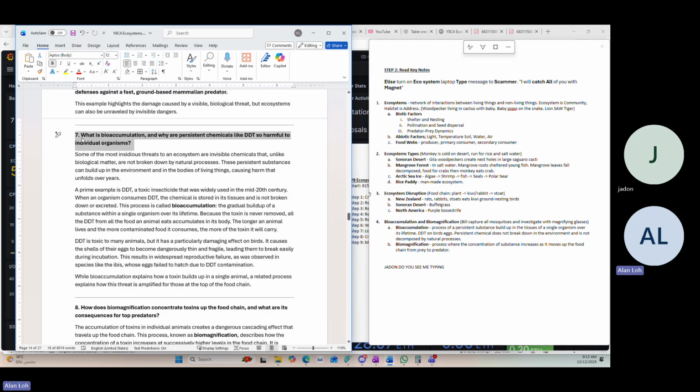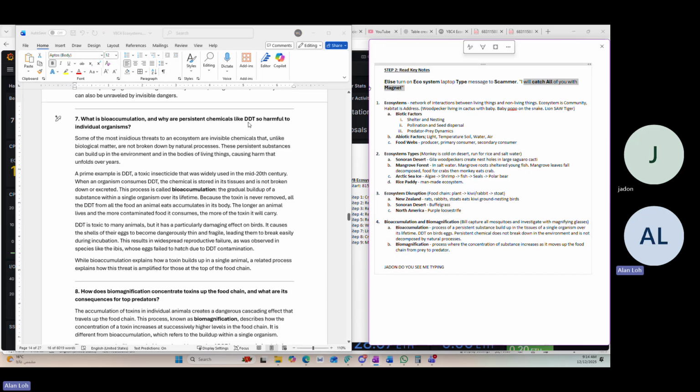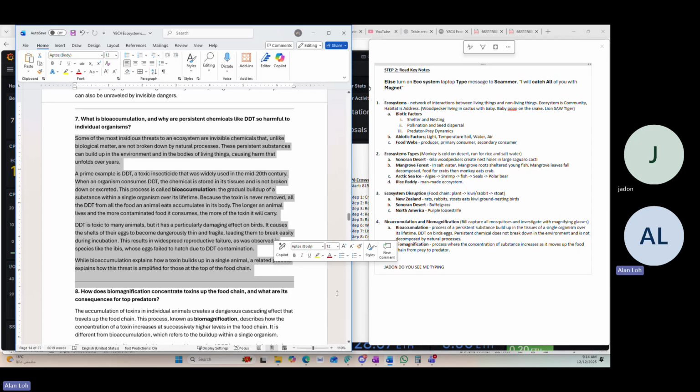So question number 7. Read the question and tell me which drawer. That is drawer number 4. Good. Drawer number 4 is in the story. Which part? I will catch you all with magnet. Excellent. Okay, remember the DDT? DDT is the mosquito pesticide. Now let's read the answer.